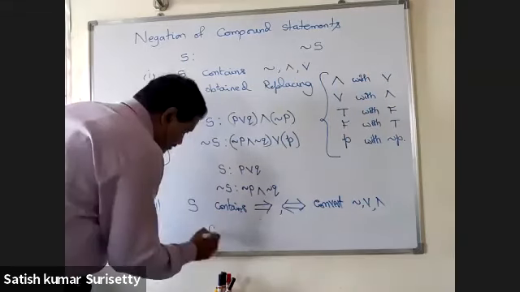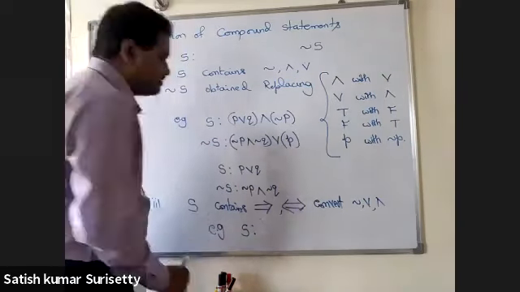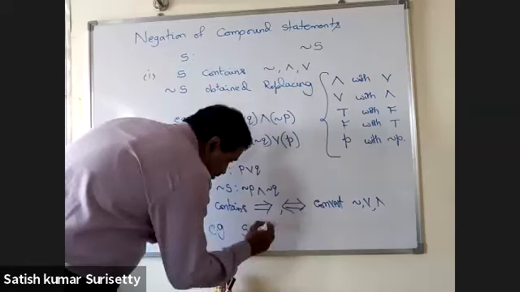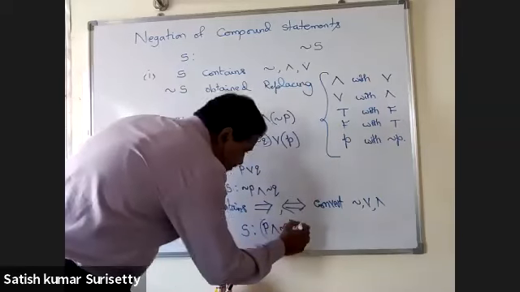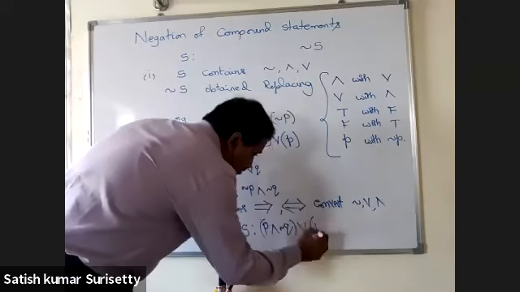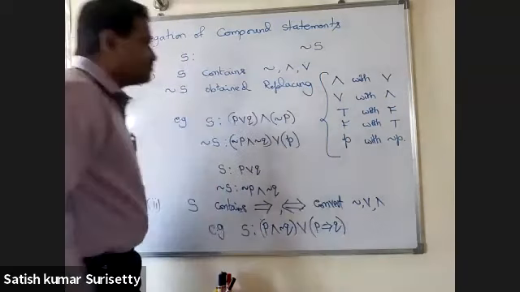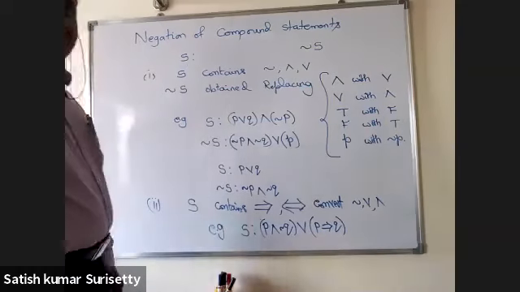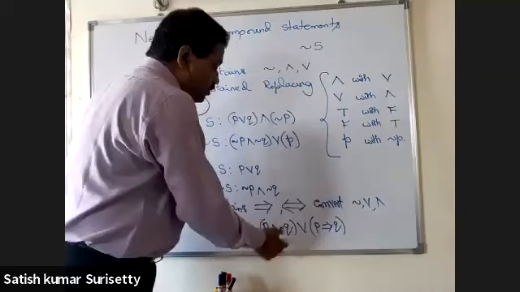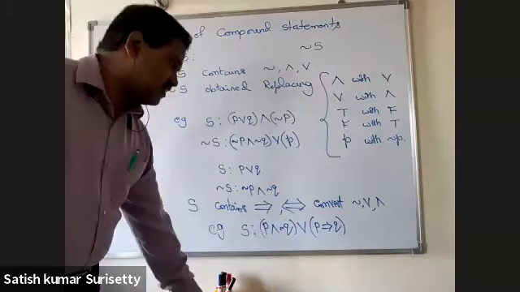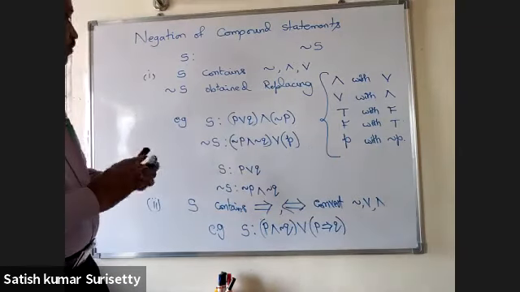Example. S: P and negation of Q, or P implies Q. Now, first you convert this to contain only the symbols of negation, or, and. After that, you take the negation of the compound statement.